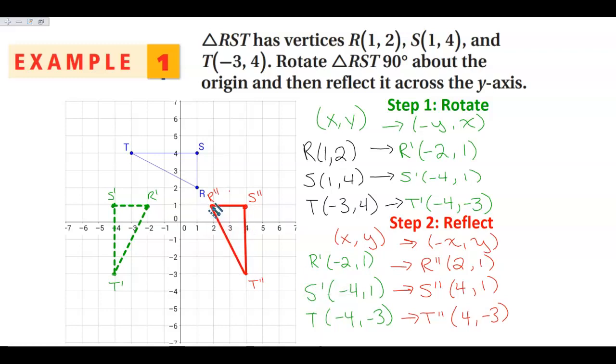What I also want you to do is shade in this final figure. Again, that helps your final transformation stand out a little bit. So when you are doing multiple transformations, go ahead and shade that final figure.